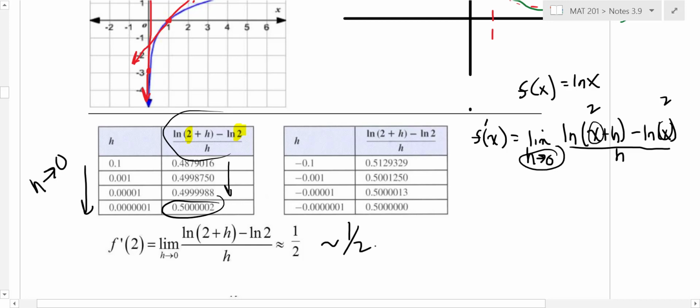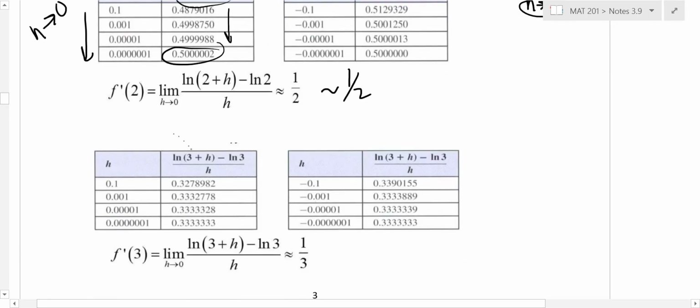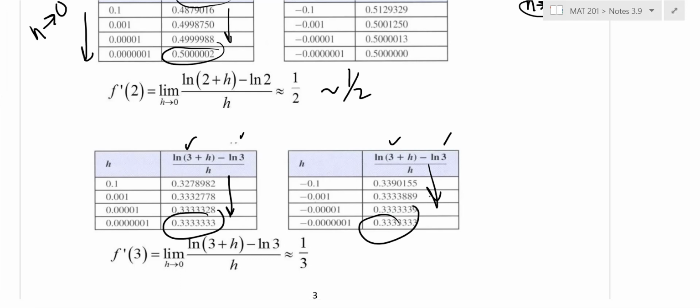Okay, like that. Well, what I did on the next thing here is I said, let's change that to 3 now, in the difference quotient. Where does it look like it's heading? To a third. So, I mean, that doesn't prove anything, but it kind of begins to make you think something. What do you think would happen if you did 4? 1/4.